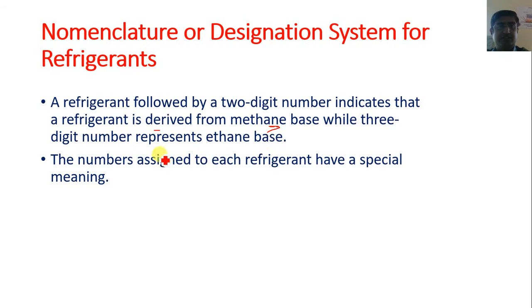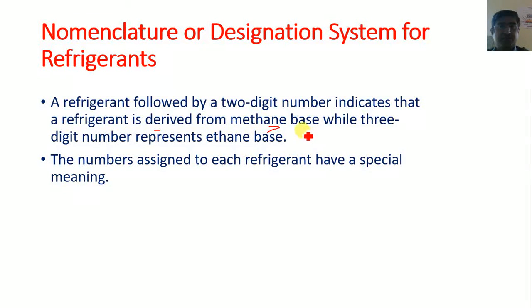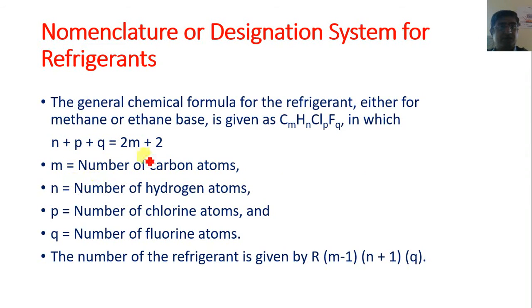While a three-digit number represents that it is on the basis of ethane. So here you can see there are three digits. It means that its base is the ethane base, and the numbers assigned to each refrigerant have a special meaning. So now how can we do this?